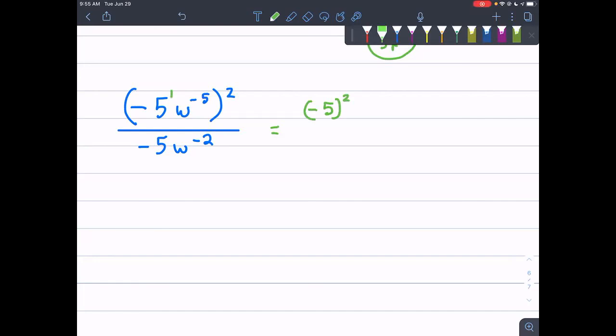Taking all those exponents inside times 2. Not doing anything on the bottom. Let's multiply the exponents inside by 2.